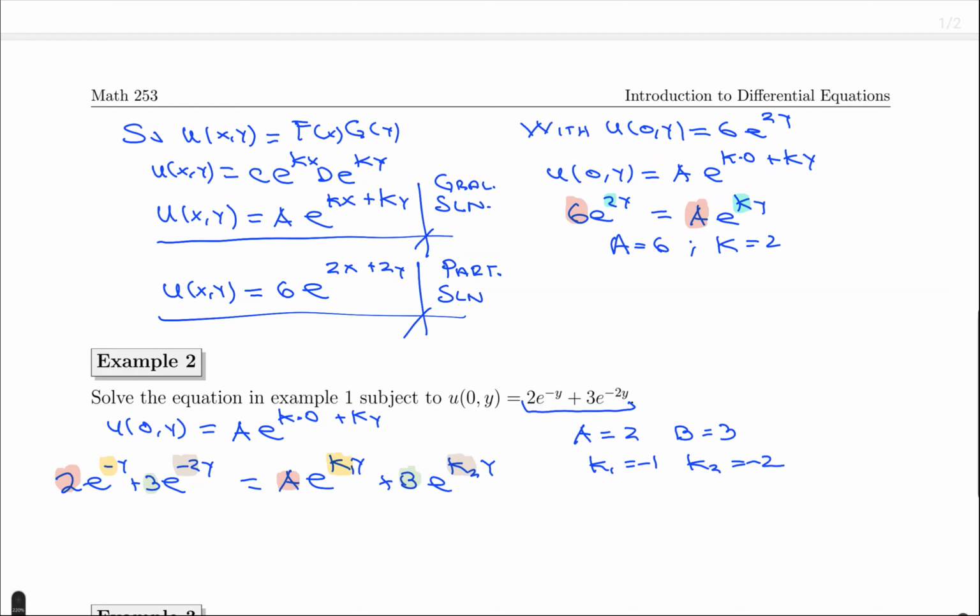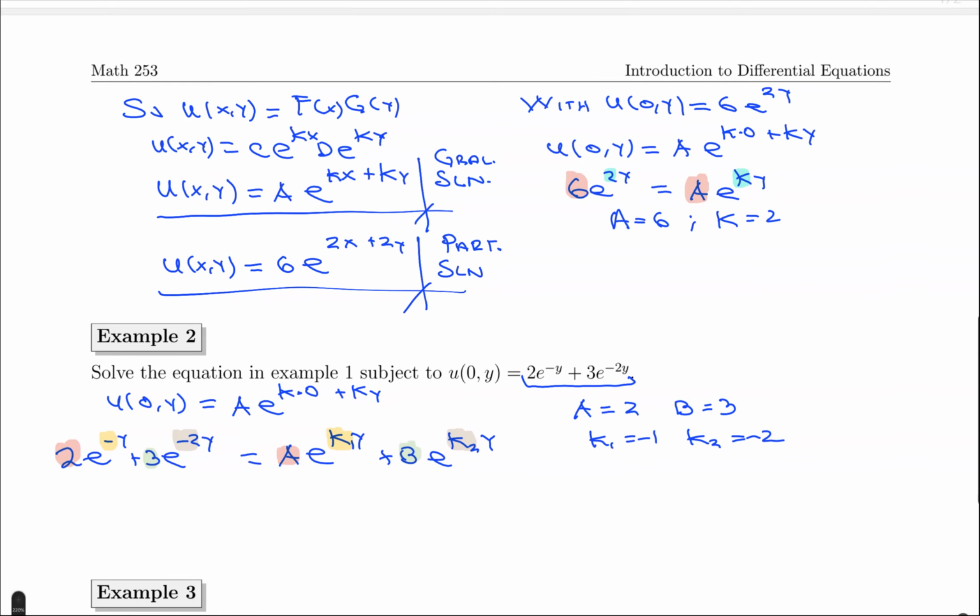All right. And then we can form our particular solution, which will be u(x, y) equals, okay, in general, what do we have?